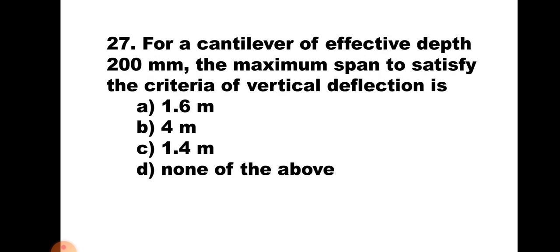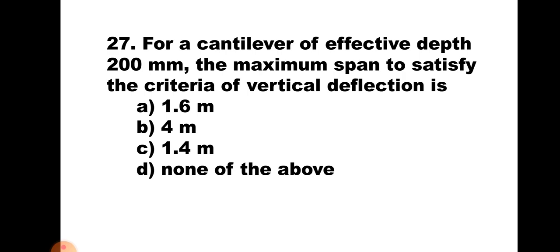Question number 27. For a cantilever of effective depth 200 mm, the maximum span to satisfy the criteria of vertical deflection is A 1.6 meter, B 4 meter, C 1.4 meter, and D none of the above. Now in this particular question, you know that L by D for cantilever is 7.